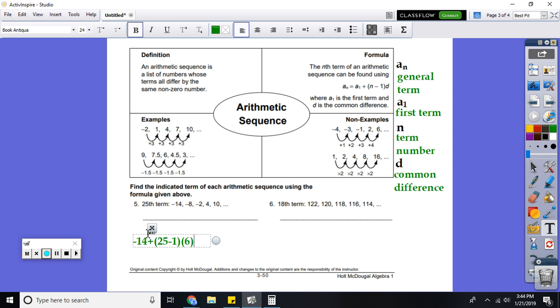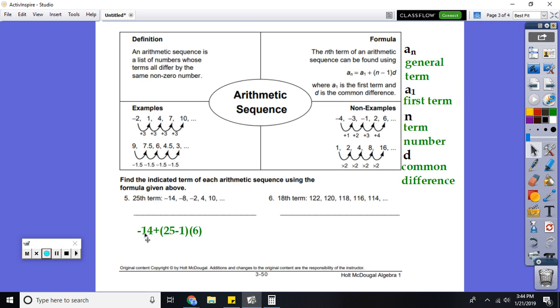Alright, so if I want the 25th term, I plug in this information, substitute it in, which I did, and then I evaluate to find the actual term. Evaluate means use the order of operations. So parentheses first, 25 minus 1 would be 24. And then I would multiply, so 24 times 6.